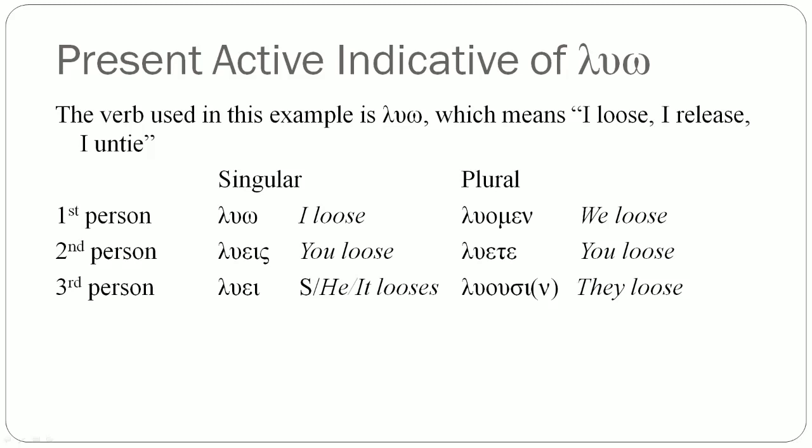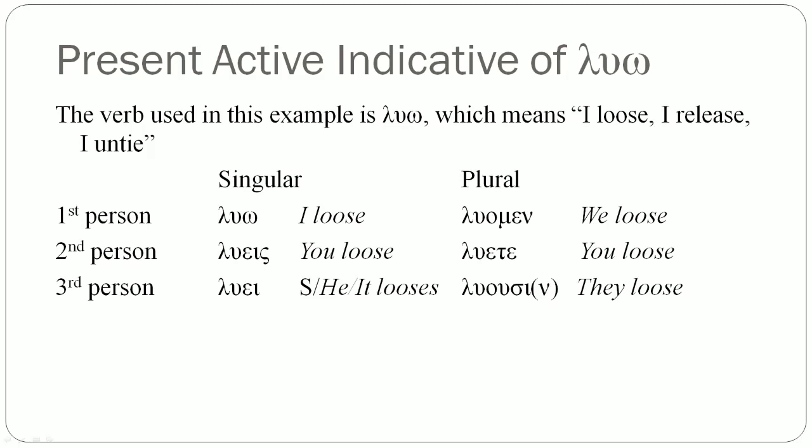It follows very predictable set patterns in pretty much every single one of these charts. Change the tense to whatever you want, past tense, future tense, anything. It will change forms so that you know what we're dealing with. But those changes are very nice and regular and predictable.